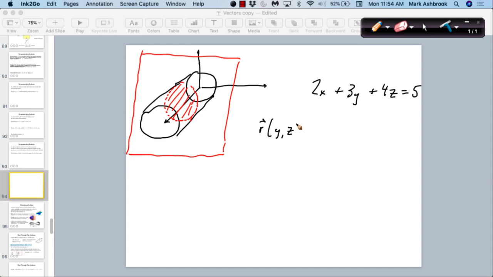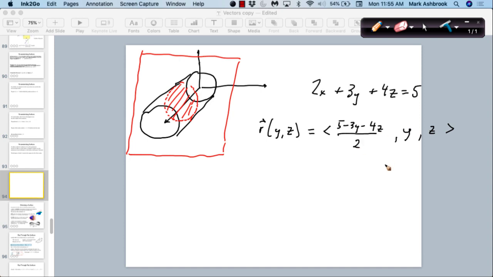Yeah, so what's going to make sense? So we could choose x and y, we could choose x and z, or y and z. And since that cylinder is y squared plus z squared equals 16, probably what makes the most sense is y and z. And therefore, our y and z are just themselves. And then x would be what? 5 minus 3y minus 4z over 2.